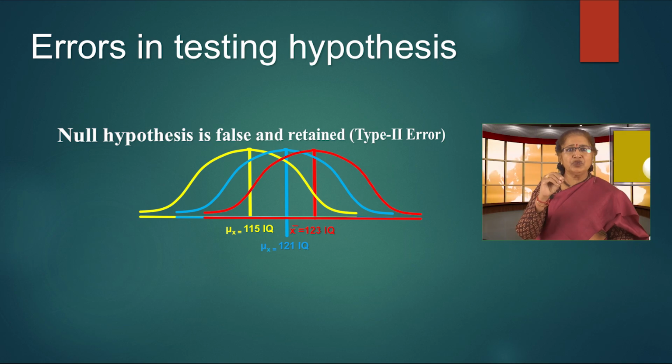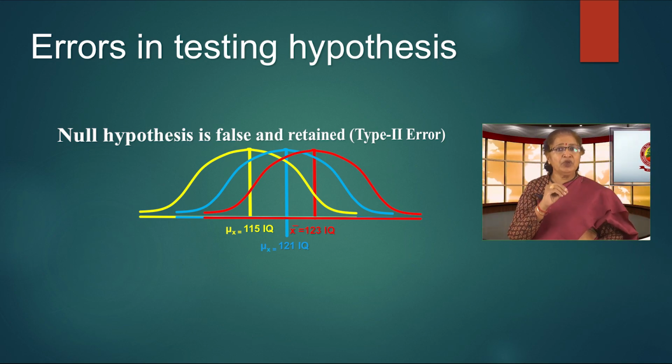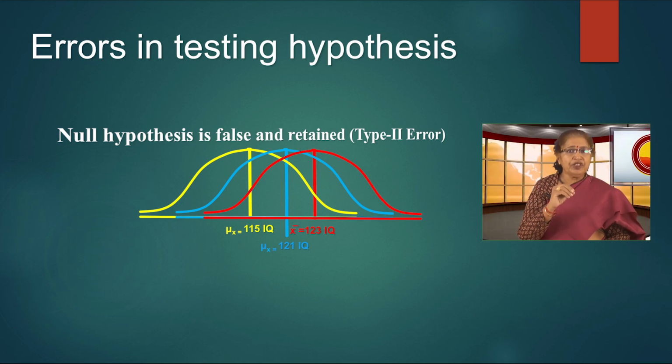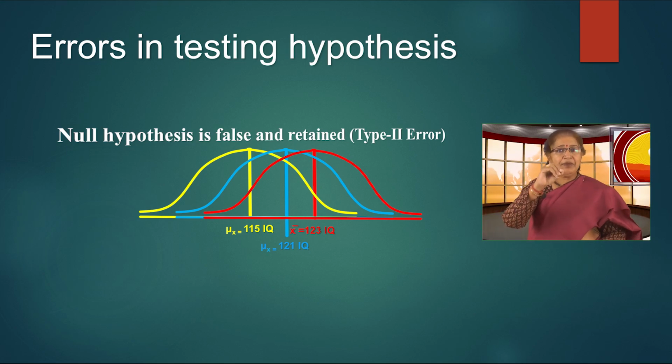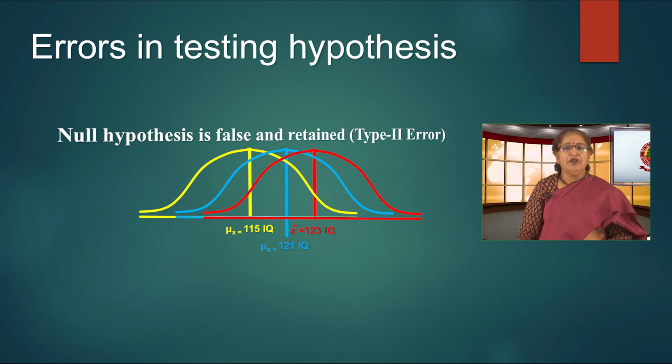See the figure shown on the screen. The obtained mean value is 123 for the case which was handled by my students. We have to test the null hypothesis where the population mean is 115.